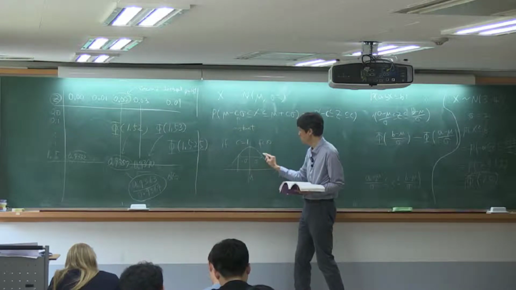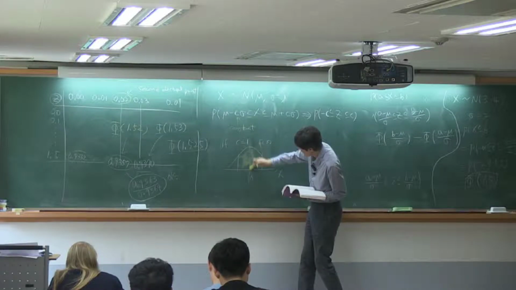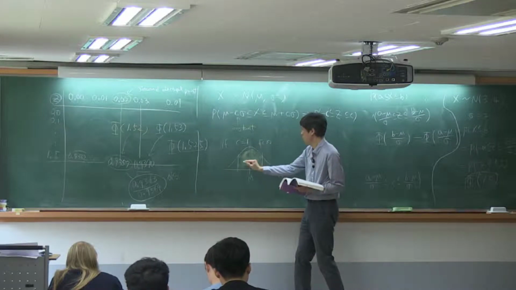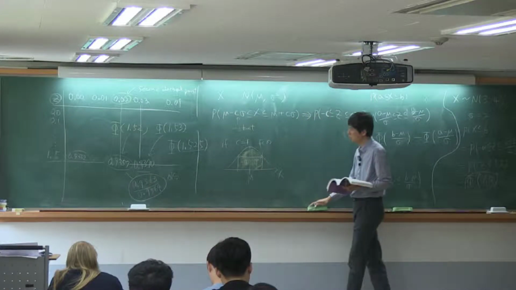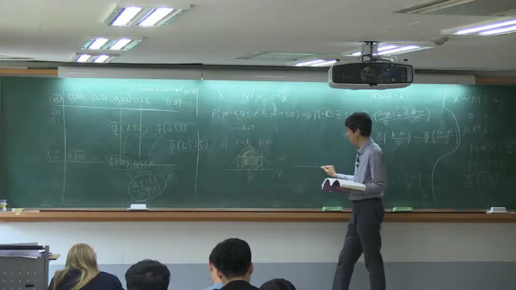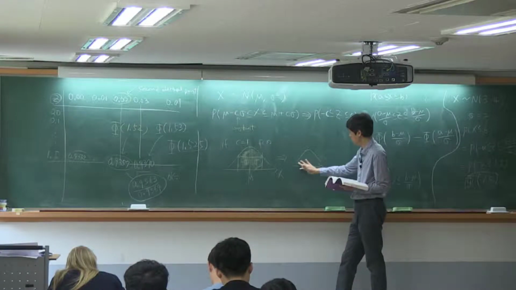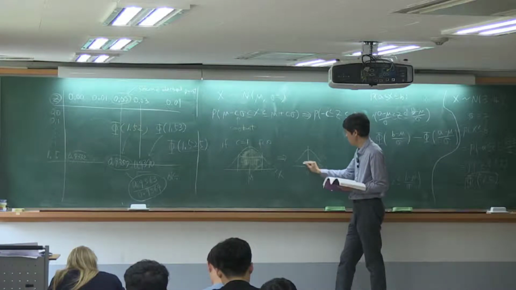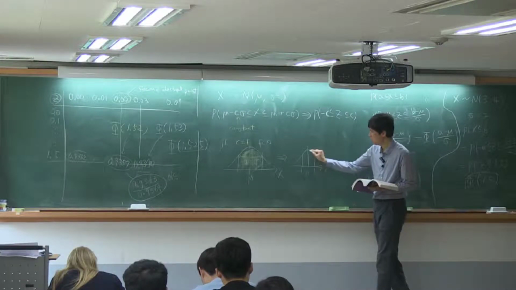This area is the same as the probability G from minus 1 to 1.